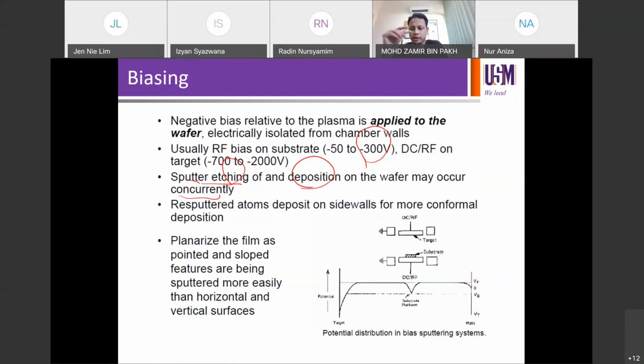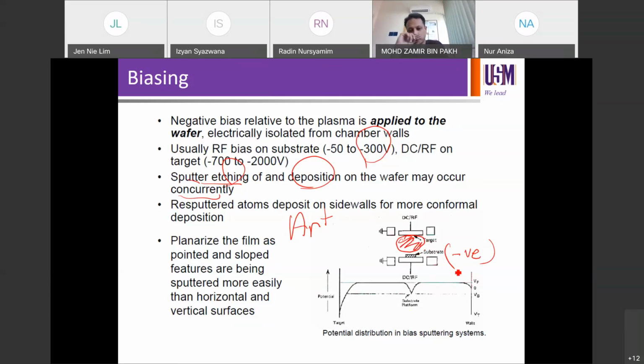So if you do apply the bias, then what happens is, if you apply negative bias, plasma is positively charged, argon plus, so it's positively charged. So plasma is all around here in the chamber. So if you apply negative bias to the wafer, what will happen?